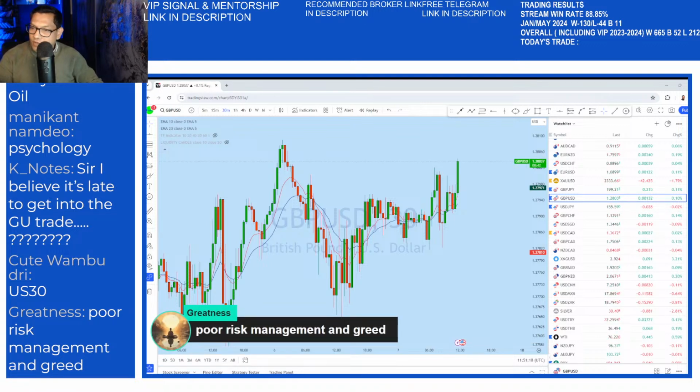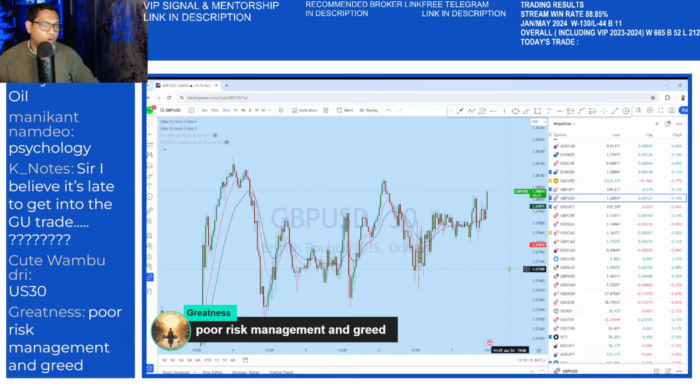Anyone else? Any different opinion? One member says psychology, the other said poor risk management and greed. What's your view? Because everyone is passing the test, then why does the trader lose money?